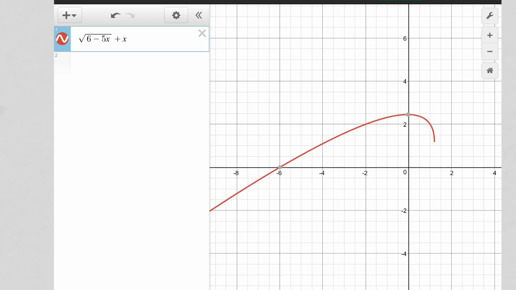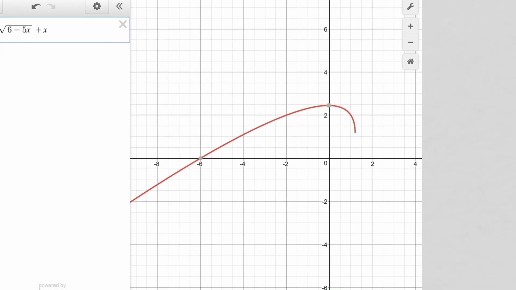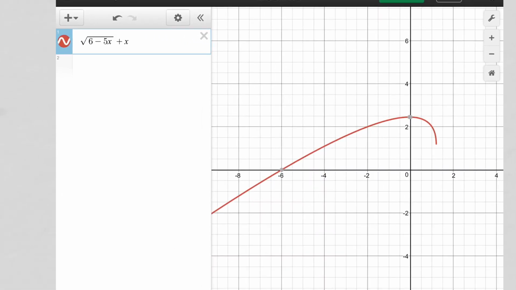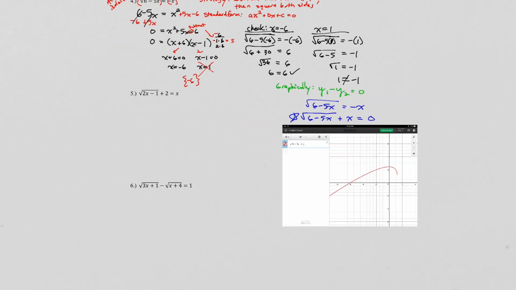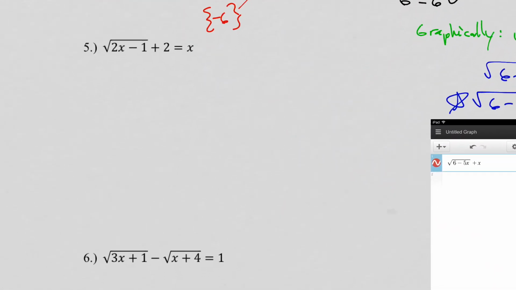And you can see the intersection is at -6. Okay, and there is no right intersection, it kind of just stops. So this is why we have to throw out the 1, okay? It just does not intersect the x-axis on the right side. All right, so let's take a look at the next one.